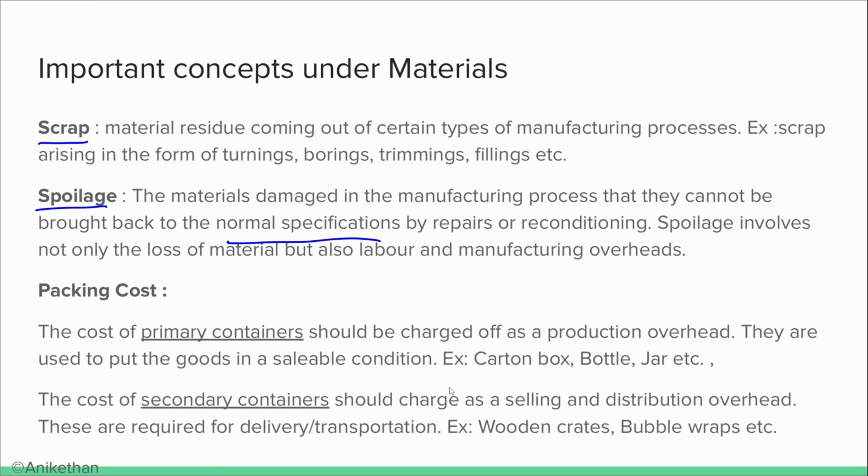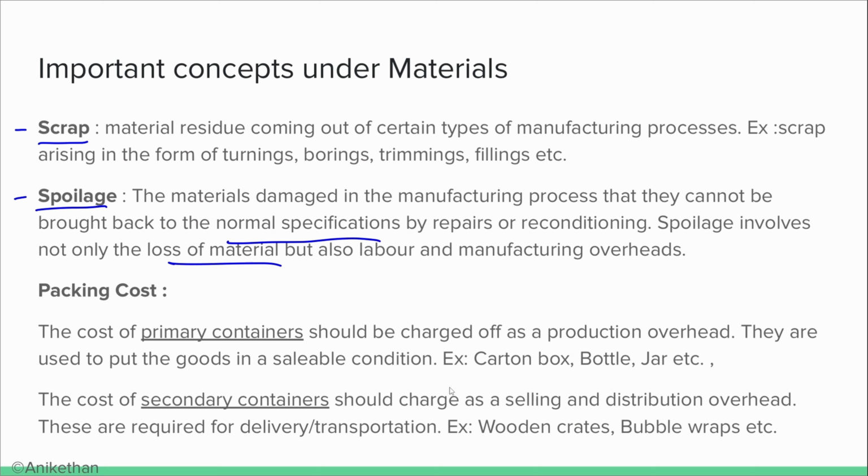For example, you take a mobile phone which is under manufacturing and the output mobile phone is not switching on or it is damaged. So it cannot be repaired. Hence, such products are called as spoilage, and it is not only loss of material, but also labor and manufacturing overheads are also lost. So this is the major difference between scrap and spoilage.